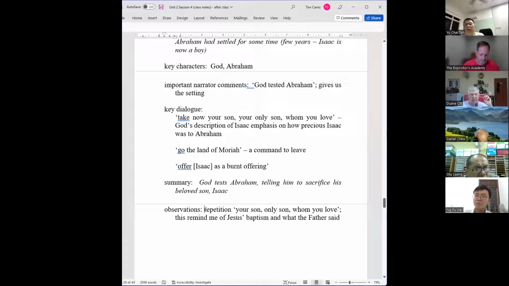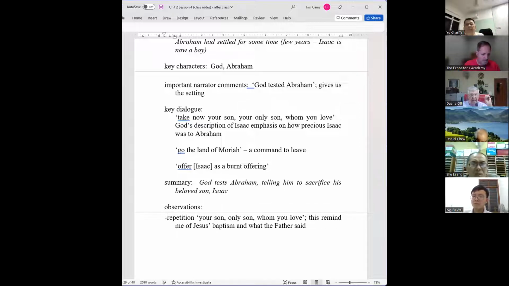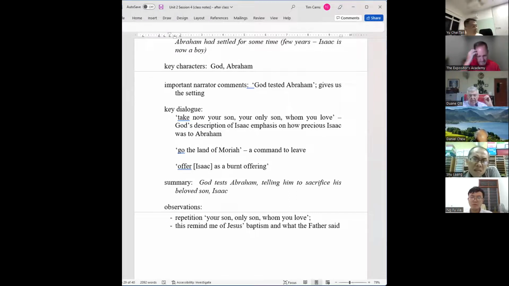Well, the covenants are really big in here. And at the end, the angel of Yahweh actually takes an oath to establish that covenant that he had with Abraham of a seed, a nation, this great blessing to the whole earth.